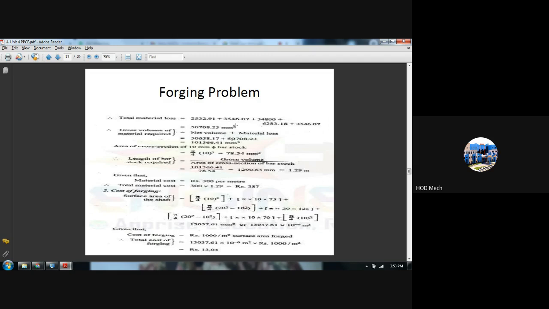Now next step is you have to calculate gross material. Net material கண்டுபிடிச்சேன் சார். ரெண்டாவது ஸ்டெப்ல நான் 5 லாஸ் ஓட மெட்டீரியல் லாஸ், டோட்டல் மெட்டீரியல் லாஸ் கால்குலேட் பண்ணிட்டேன் சார். Now third step is gross volume of material required.